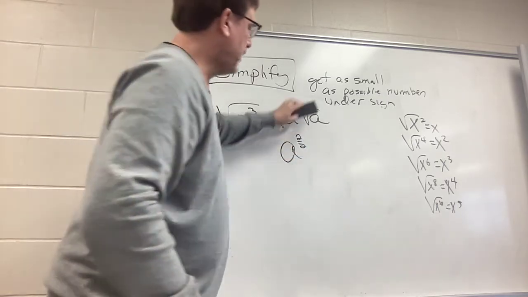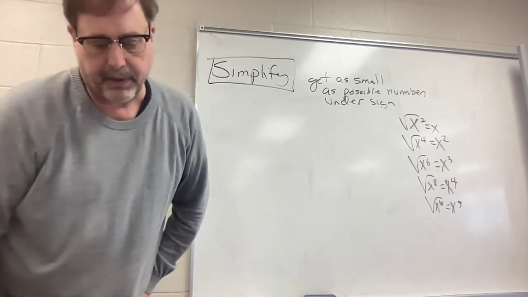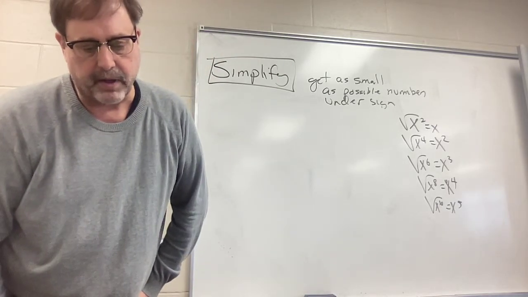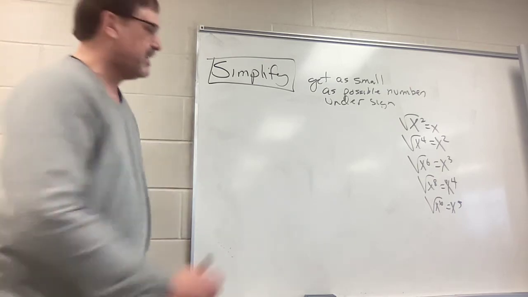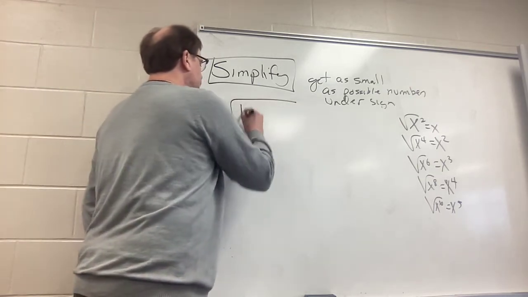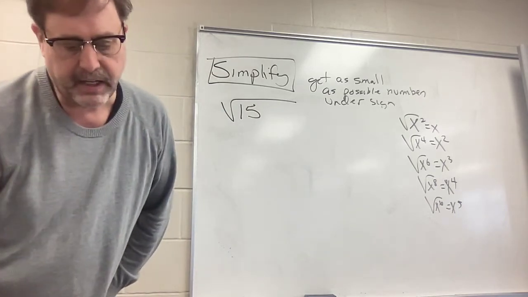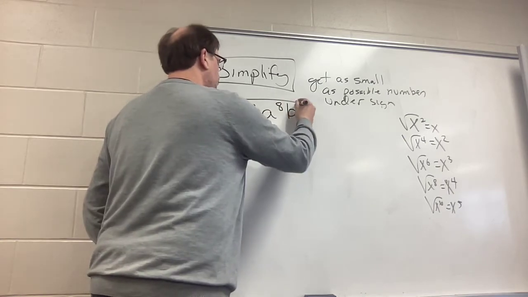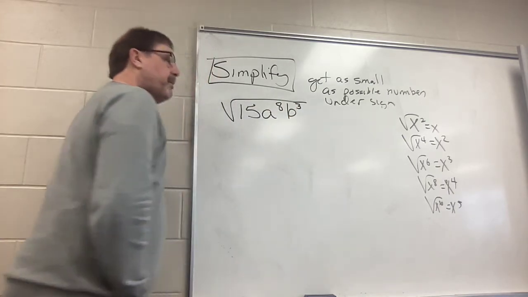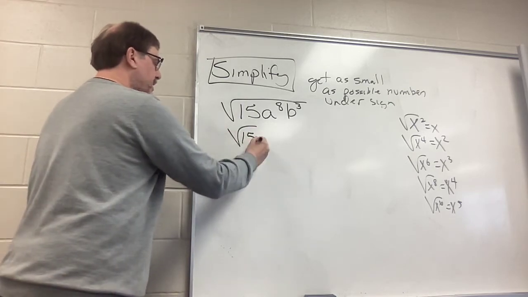Cool. So let me look on the bottom and let me look at problem letter H. The square root of 15 a to the 8th, b to the 3rd. And I'm going to break these into 3 little parts. Square root of 15.